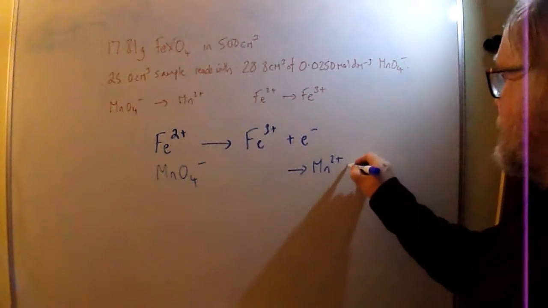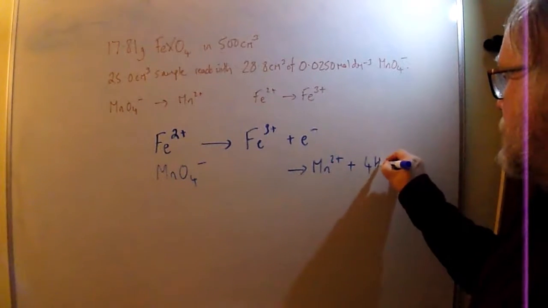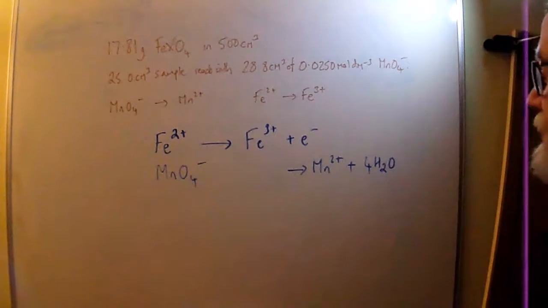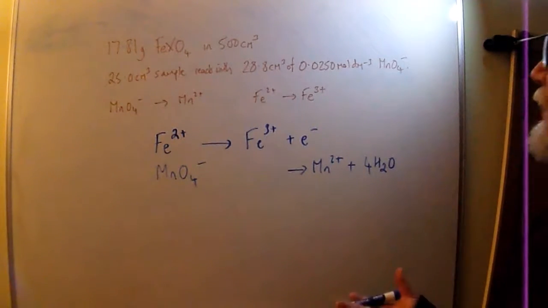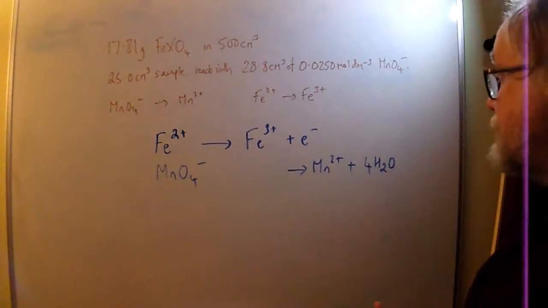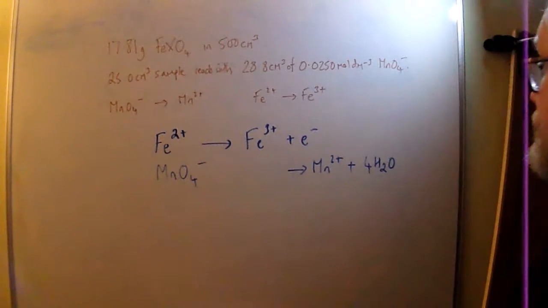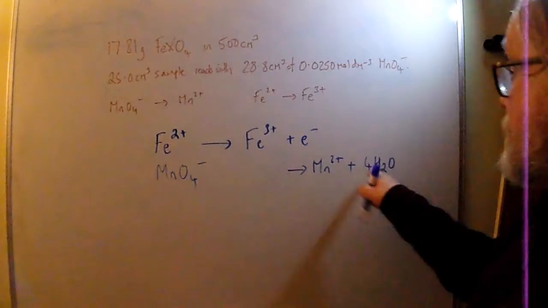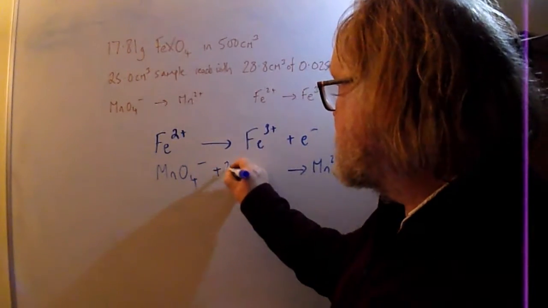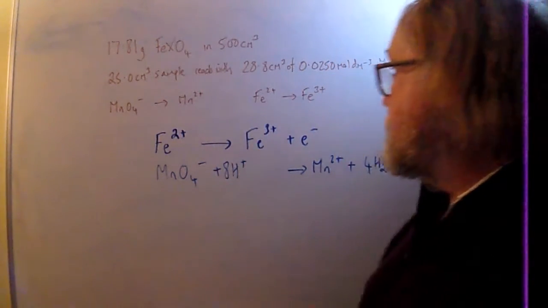So we've got 4 on the left, so we need 4H2O on the right. Next you balance the hydrogens, and you do that provided it's in acid solution or neutral solution. You do that by putting H plus in, and this says acid solution, so that's fine.